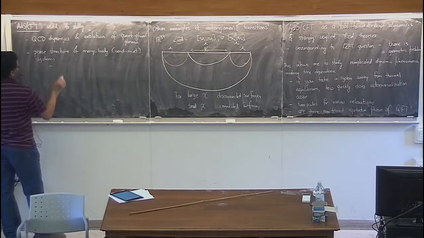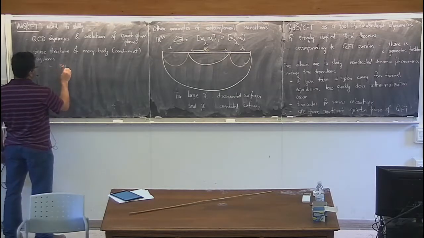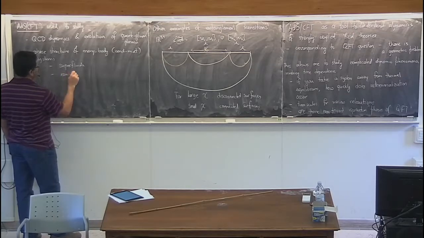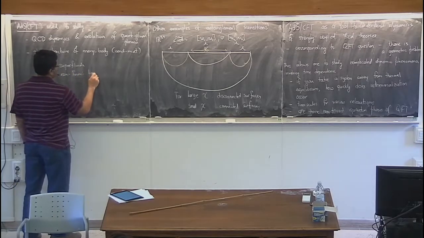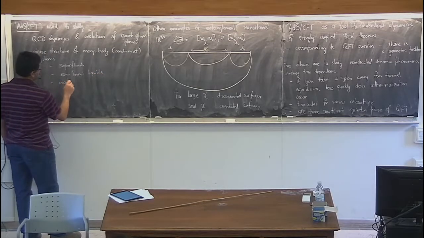So people figured out how to model things that look like superfluids, things that resemble properties of non-Fermi liquids, incoherent metals.